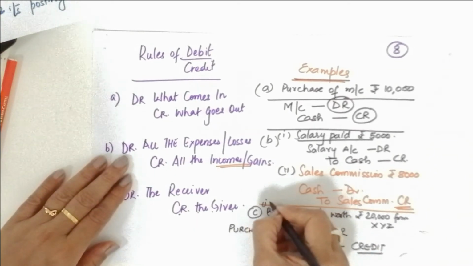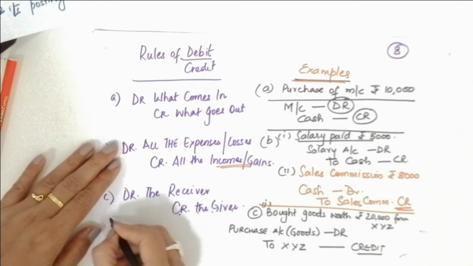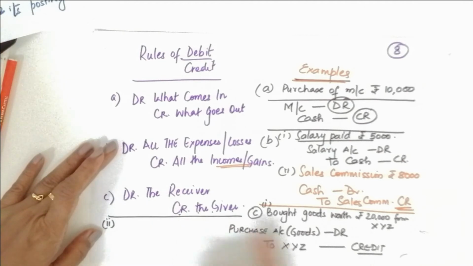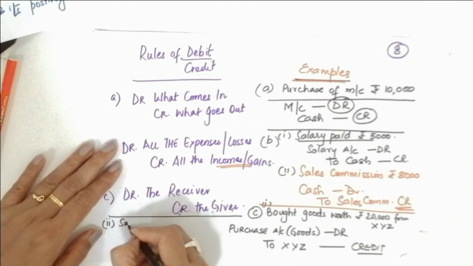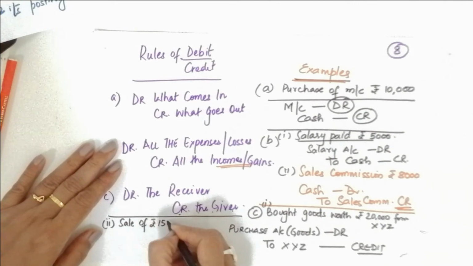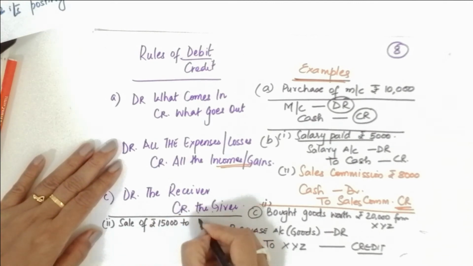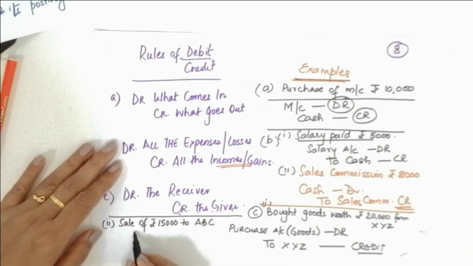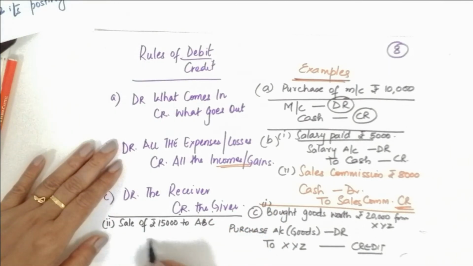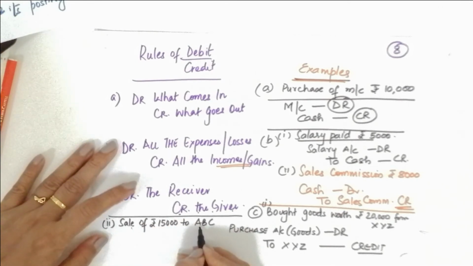The second aspect is if I take sale of rupees 15,000 to ABC. Now I'm selling goods to ABC. That means ABC has to pay me, so I'm going to debit the receiver.